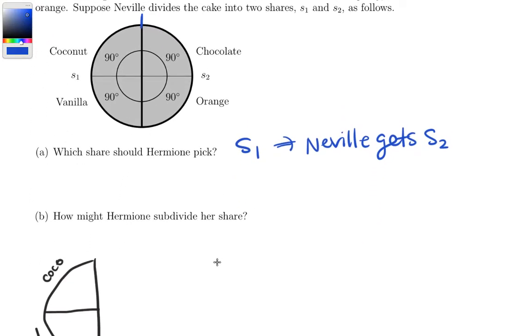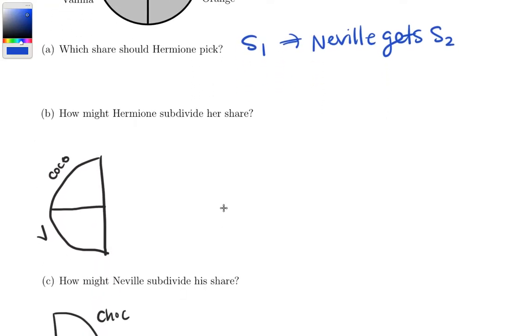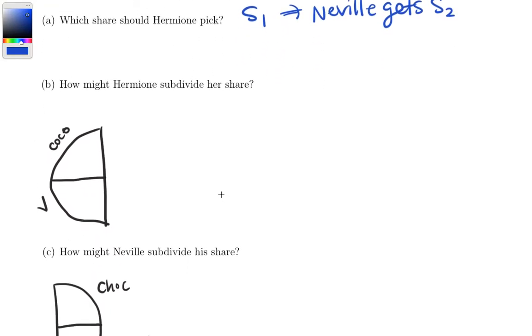Okay, and let's look at part B. How might Hermione subdivide her share? Well, she likes coconut and vanilla equally. So this whole half of the cake she views equally.